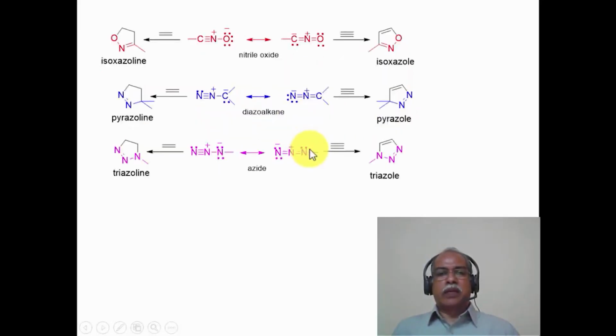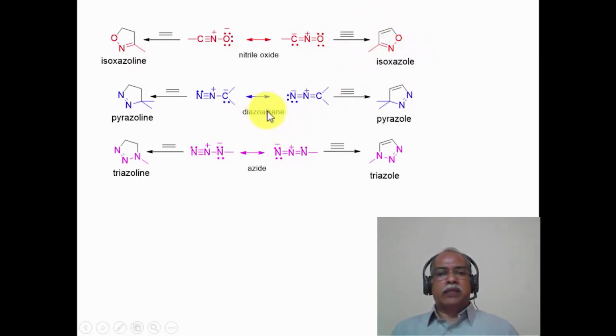Let us see how azomethine ylides are generated. Before we go into that, in the case of the propargyl allenyl type of system, you have nitrile oxide, diazomethane and azide as the examples. The reaction of the nitrile oxide with an alkene produces an isoxazoline, whereas with an alkyne it produces an isoxazole. Directly the aromatic heterocycle itself is formed in this particular reaction.